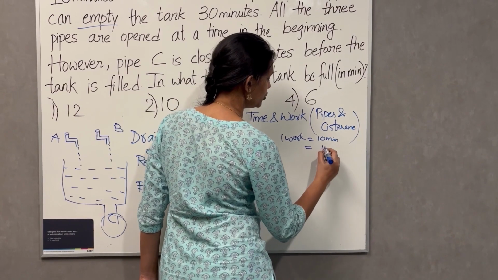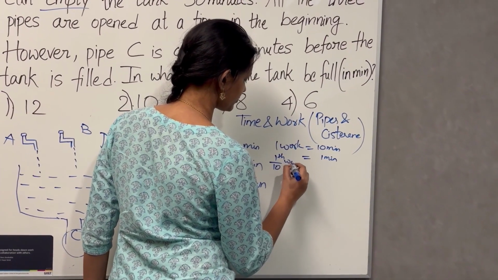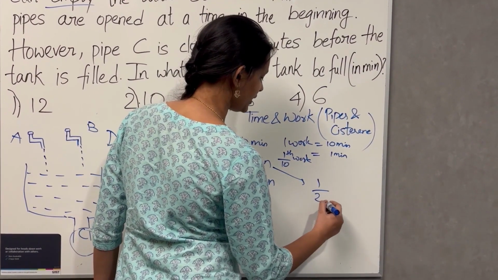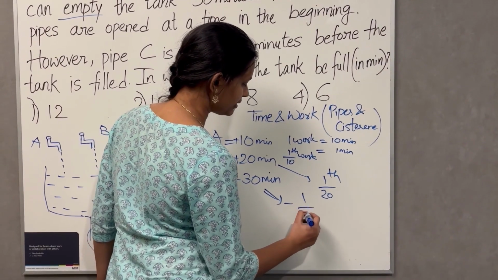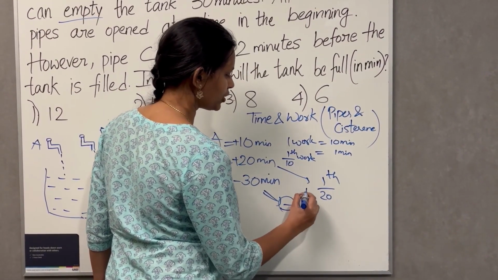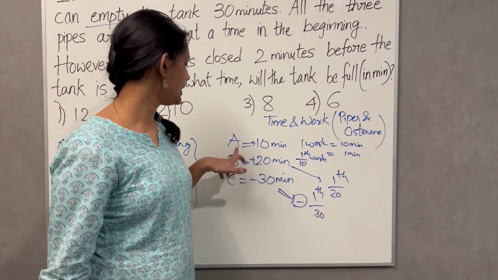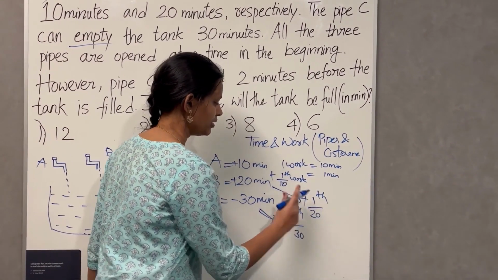Means A can do 1/10 of work in 1 minute. Similarly, B can do 1/20th of work. Whereas C is doing minus 1/30th. Minus because it's doing negative work, or it's removing water. Whereas A and B are filling the tank. So, positive work.